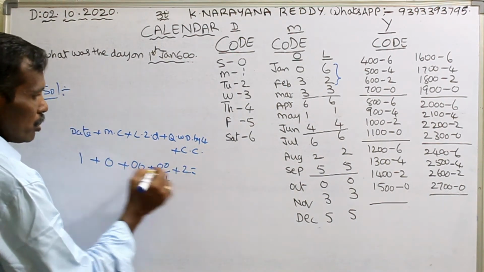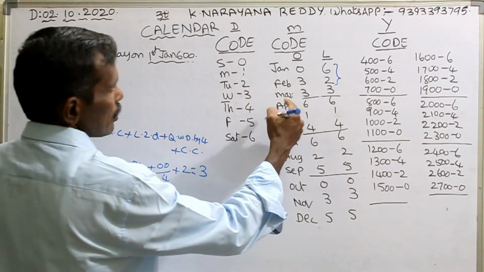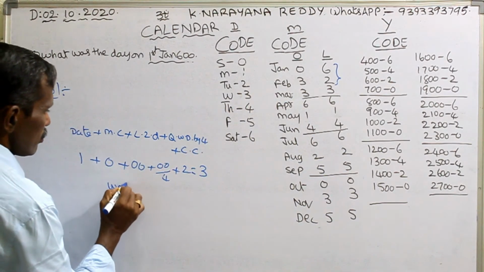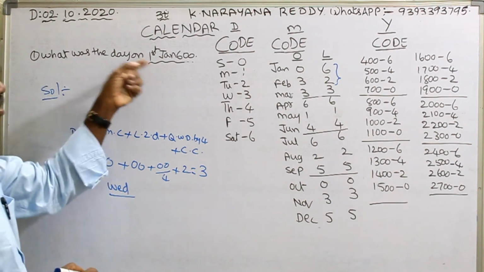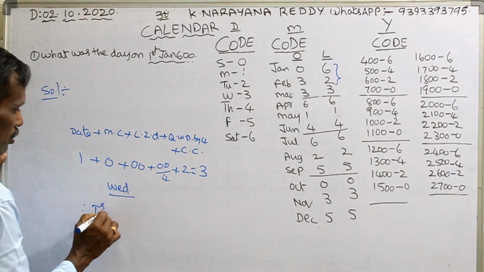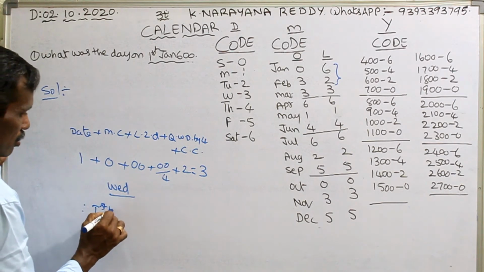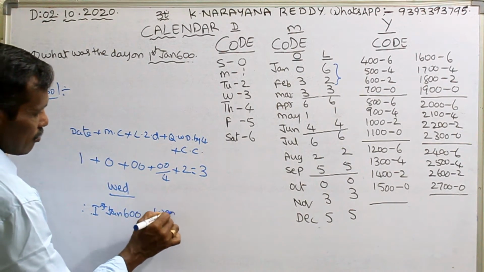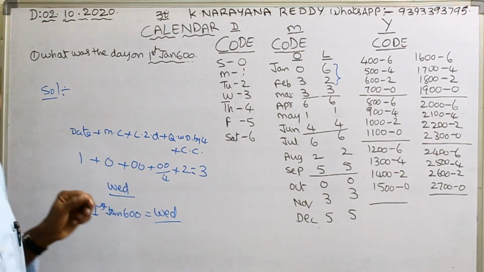This 1 plus 2 is 3. 3 means what? Wednesday. That's all. Therefore, 1st Jan 600 is Wednesday.